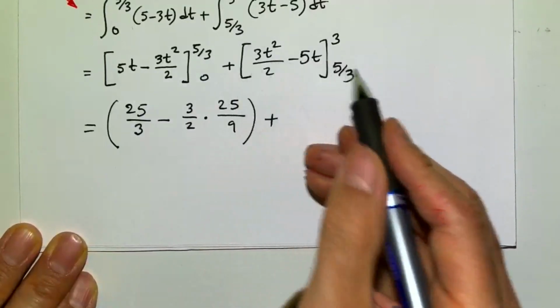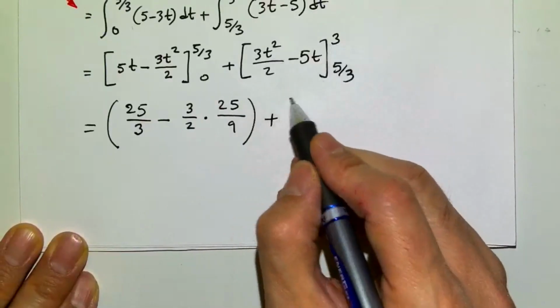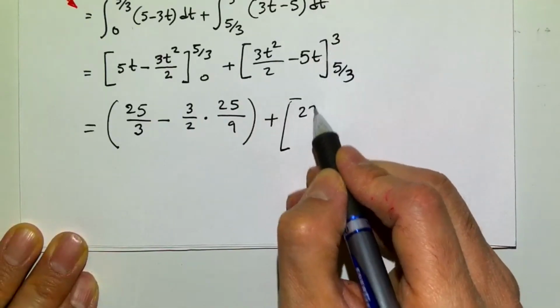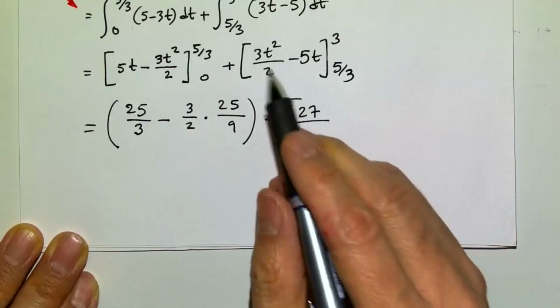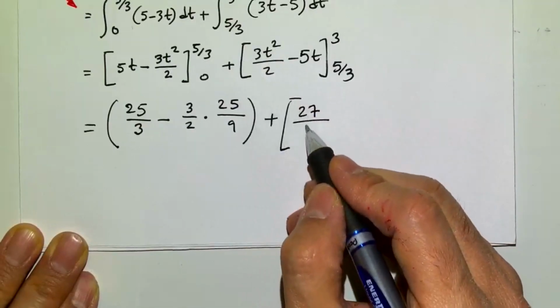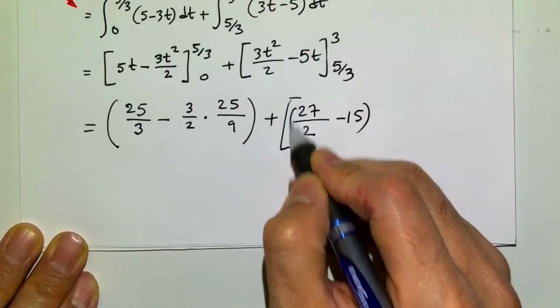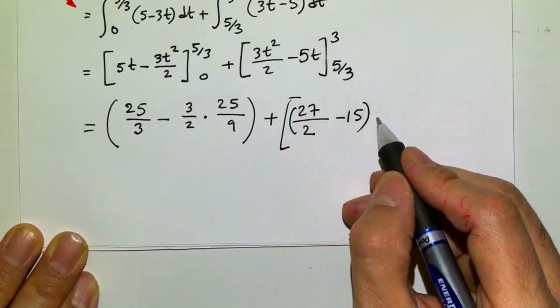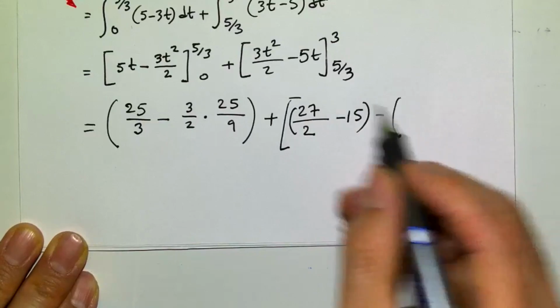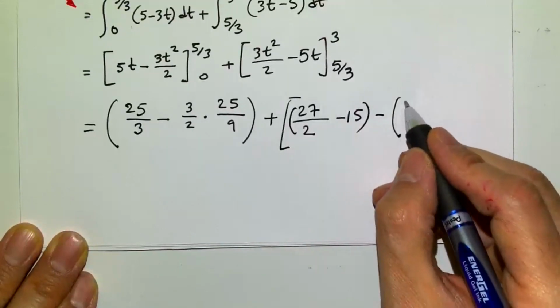So simply plus, plug in the 3, and we get 27 over 2 minus 15, 3 times 5. And then minus, plug in 5 thirds for all of that.